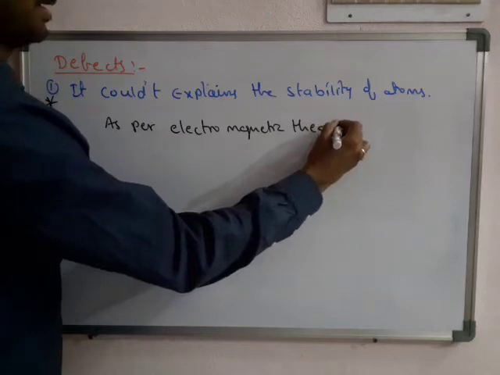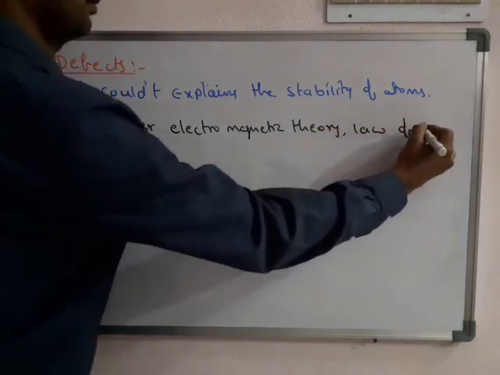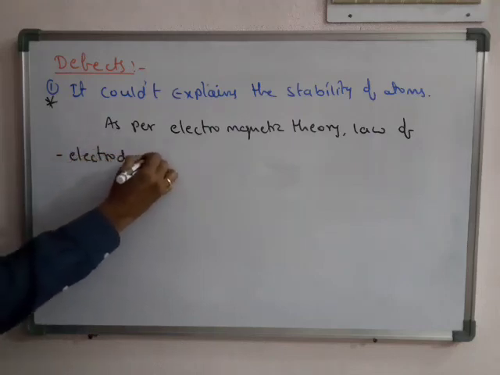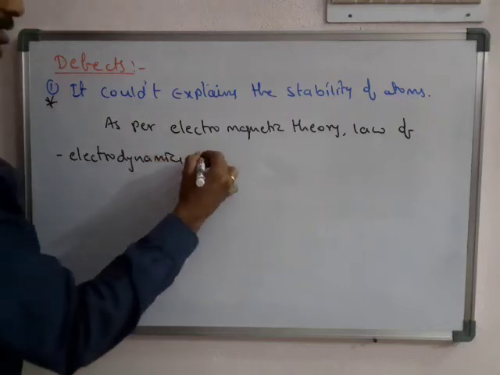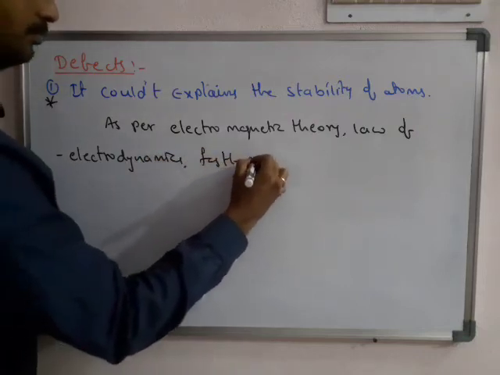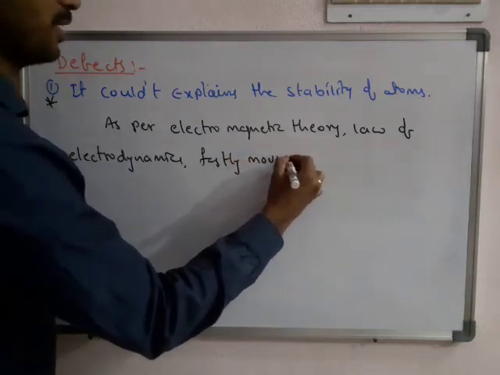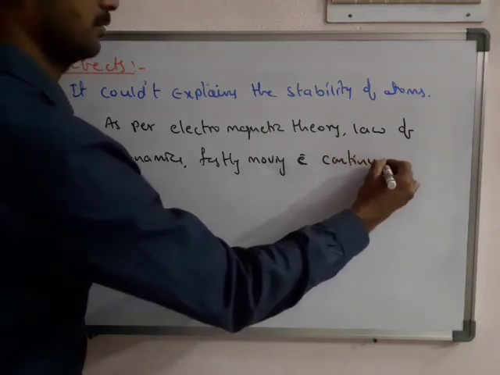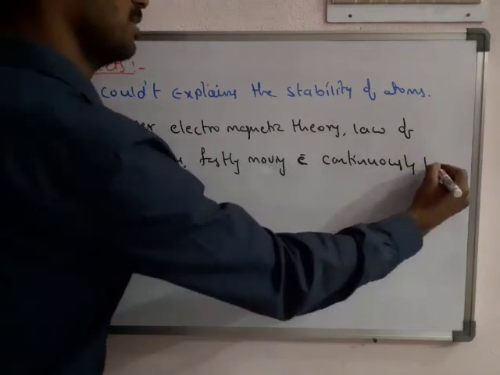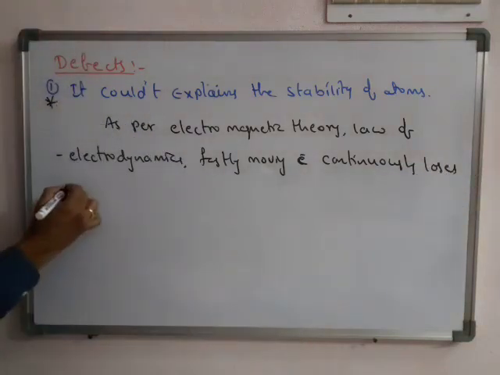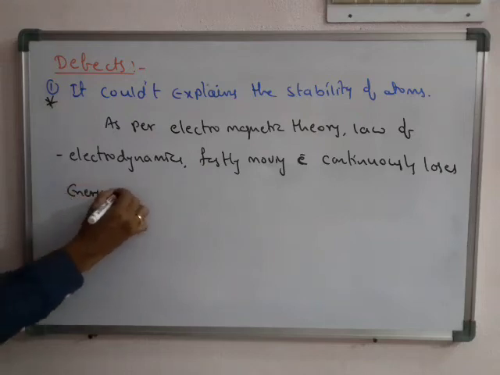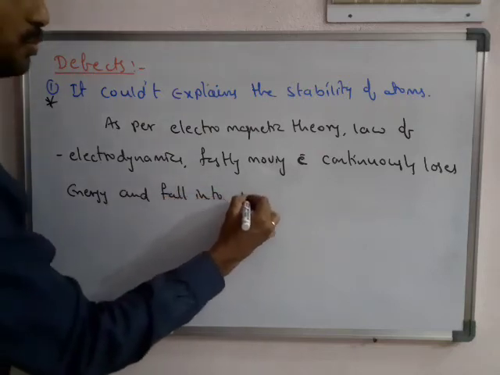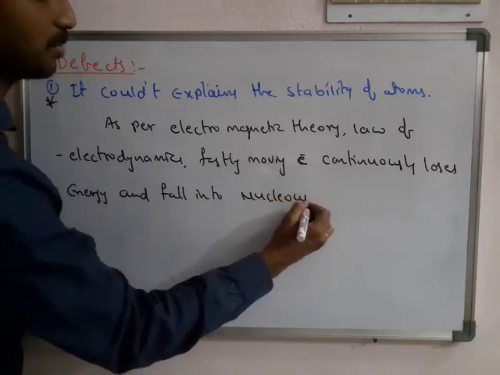As per electromagnetic theory, nothing but the law of electrodynamics, a fastly moving electron continuously loses energy and falls into the nucleus, because the nucleus is positively charged.